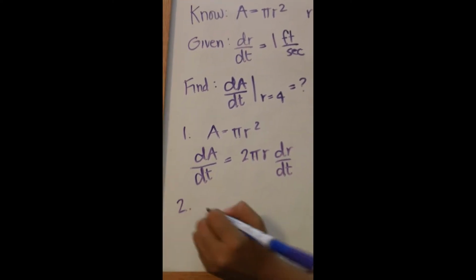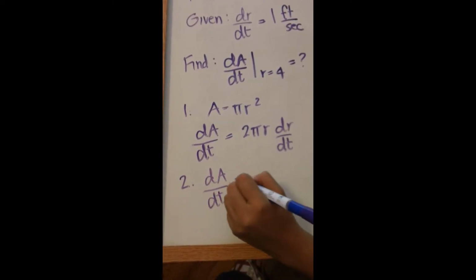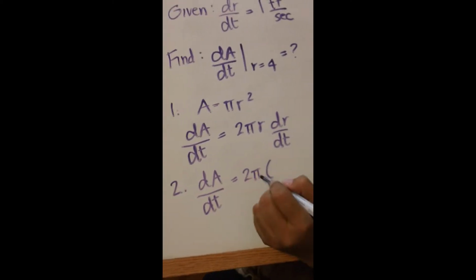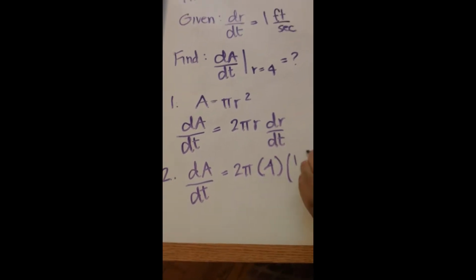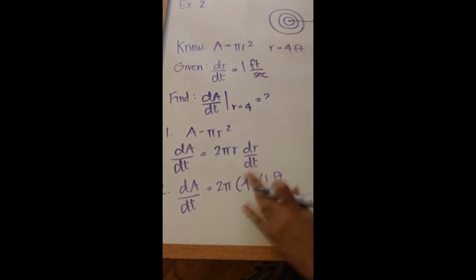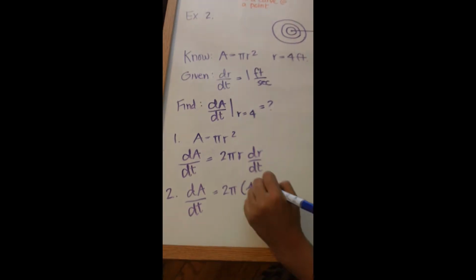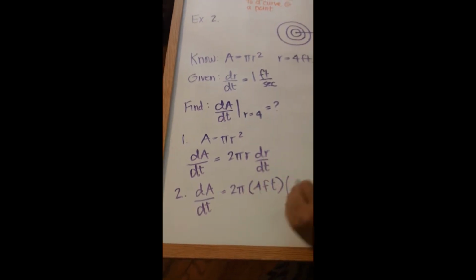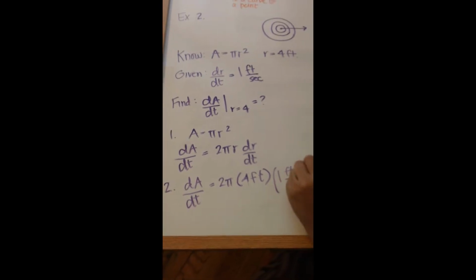Substitute in your given values. So dA/dt equals 2 pi, radius is 4, dr/dt is 1 foot. Well, sorry about this. Radius is 4 feet. So let me include that label there. 4 feet. dr/dt is 1 foot per second.